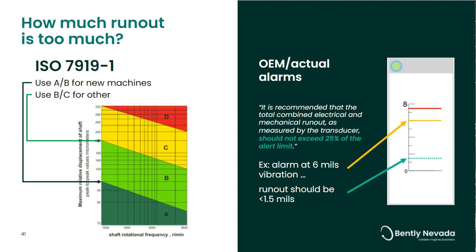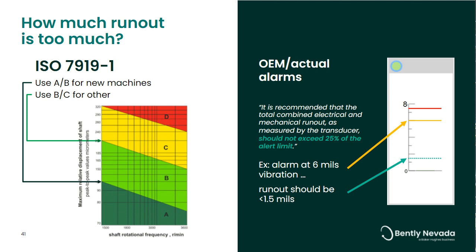But it's important to recognize that these limits are statistical recommendations based on the variety of equipment. These aren't hard and fast rules. Generally, we defer to the OEM to recommend what their machines can handle.